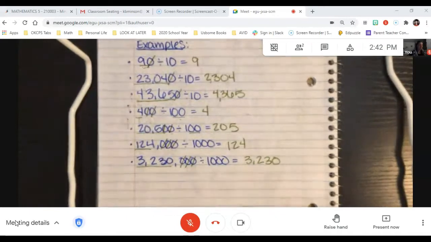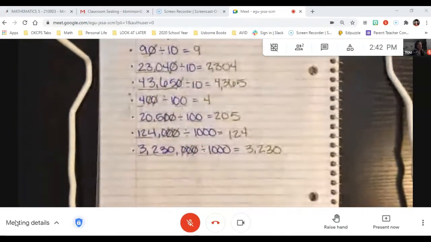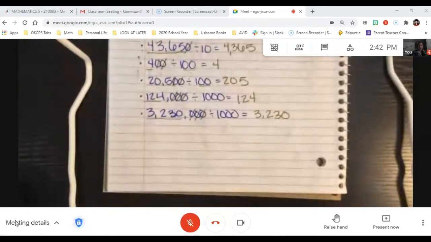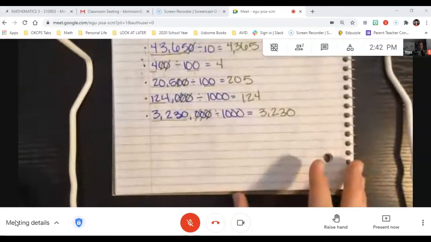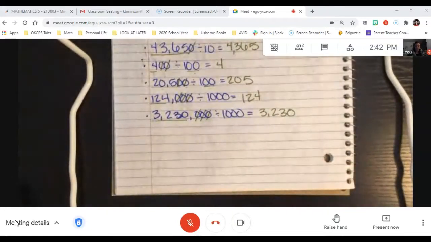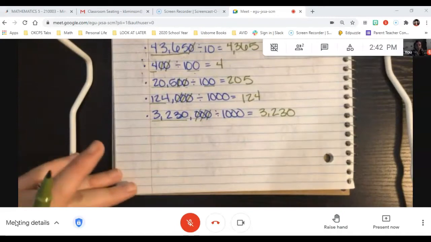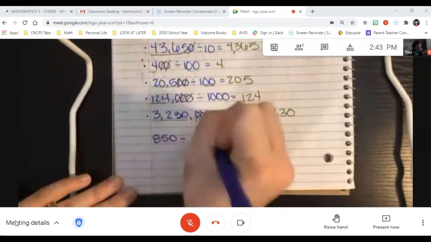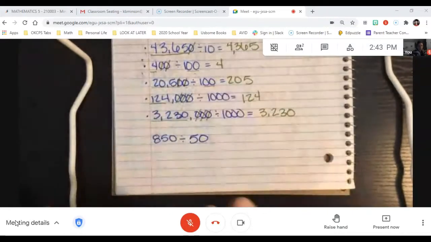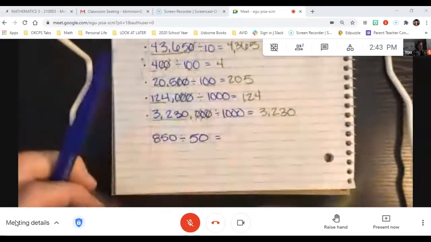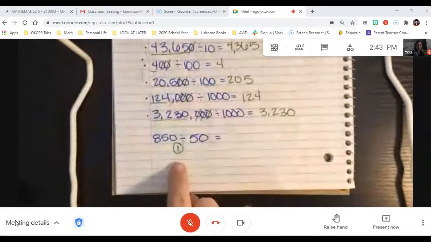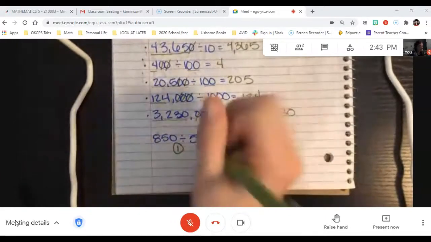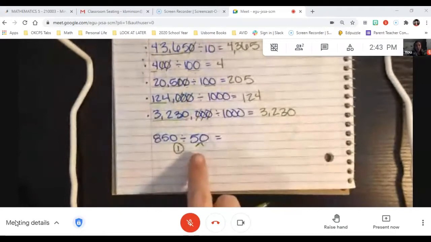Now, when we have numbers that are not just simply 10, 100, or 1,000, we have to do what we did when we multiplied and split them up into a 10, 100, or 1,000. So if we have 850 divided by 50, we have to remember our steps. Step 1, we break apart into a 10 or 100 or 1,000.